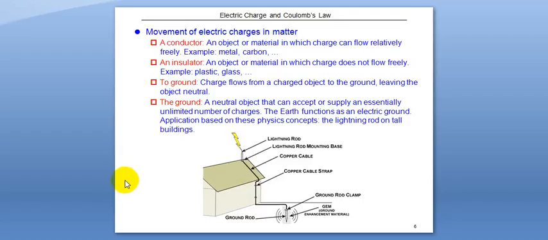To the ground, charge flows from the charged object to the ground, leaving the object neutral. And for the ground, a neutral object that can accept or supply an essentially unlimited number of charges. Here you can see these pictures in 4 ways.